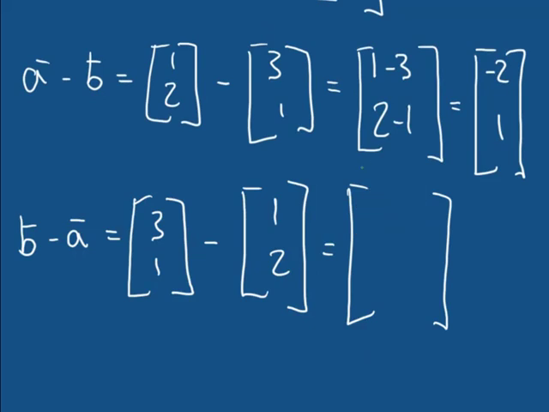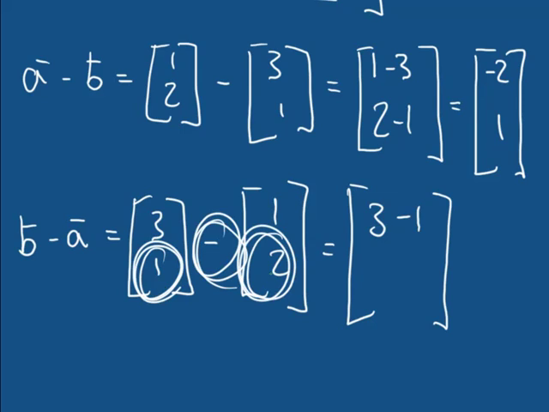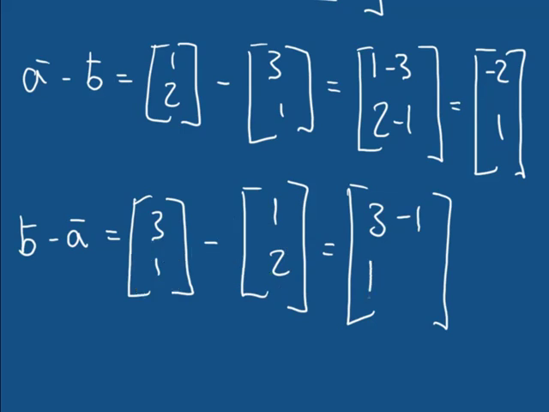So 3 minus 1 is going to be the first component of our result. Then for the second component, we take the second component of the first vector and subtract from that the second component of the second vector. So 1 minus 2, and that gives us the second component of our result. That means our resultant vector is going to be 3 minus 1, which is a positive 2, and 1 minus 2, which is a negative 1.